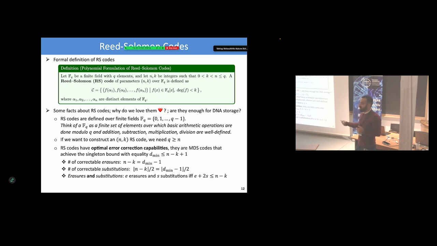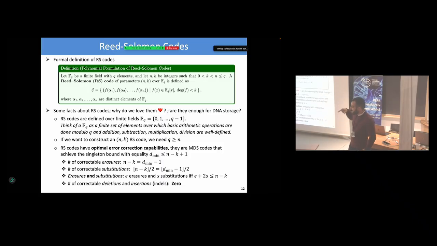But the next question I want to ask is, what is the number of correctable deletions and insertions with Reed-Solomon codes? And the answer is 0. So that's why, by themselves, they are not good enough for DNA storage. They can help address biases, to be more specific, and lost DNA strands.